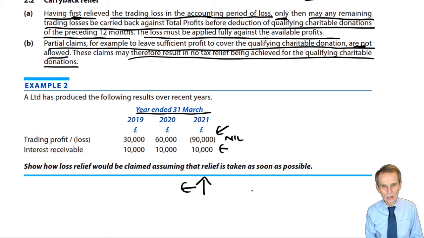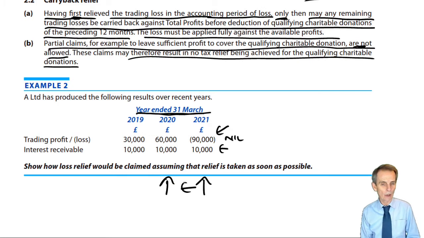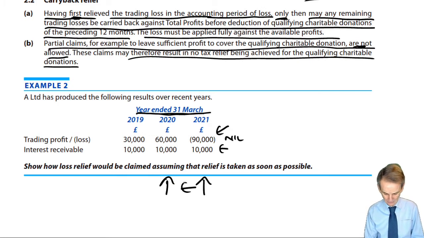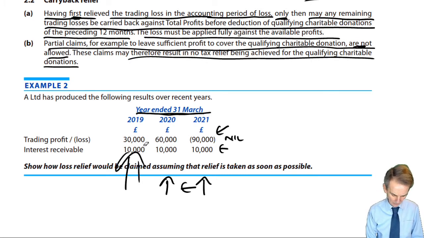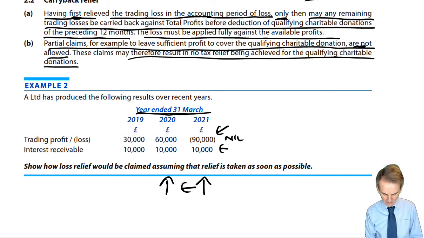How far back can we go? 12 months. All of these accounting periods are year ends. So we can only go back to the year ended the 31st of March 2020. We cannot go back further than 12 months. So these profits here, we cannot touch. Those will not be relievable. So all we've got therefore is current period, a £10,000 claim.